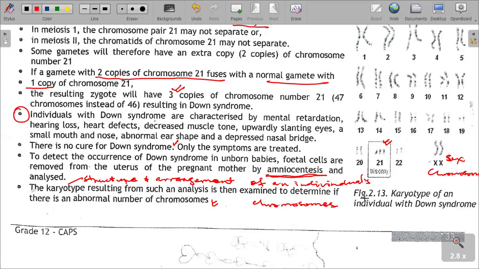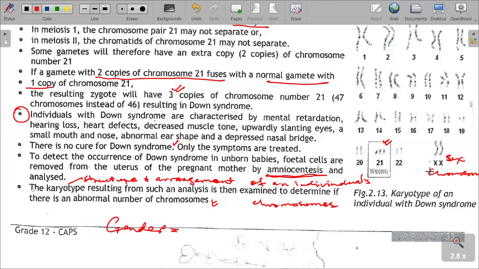I also talked about the characteristics that I explained there. Another question in terms of the karyotype has to do with the gender of the individual.